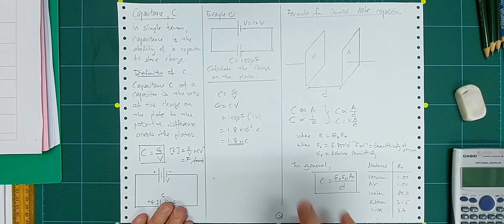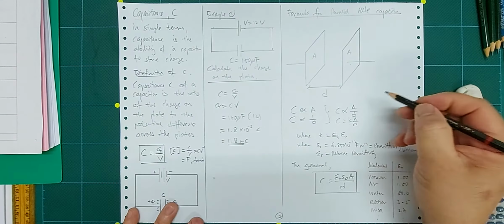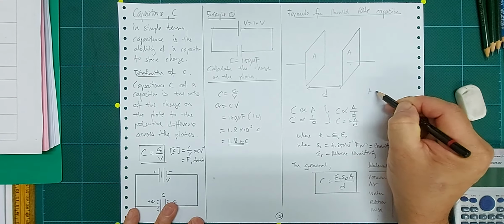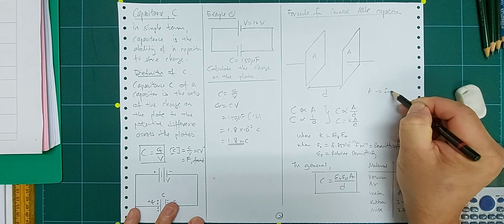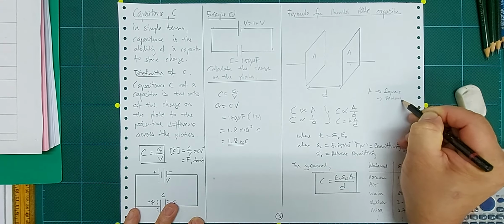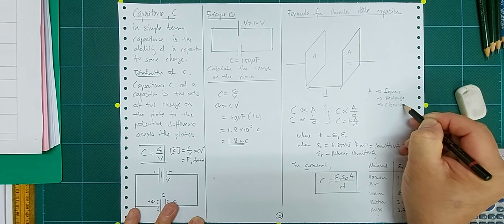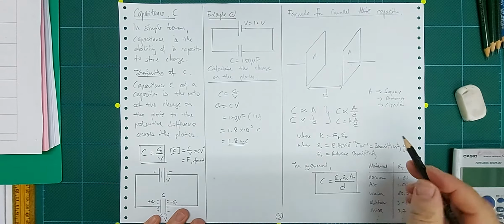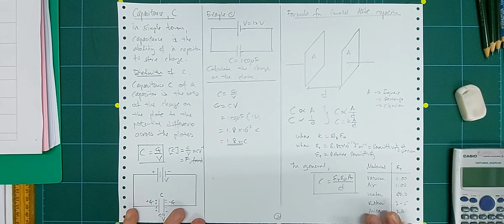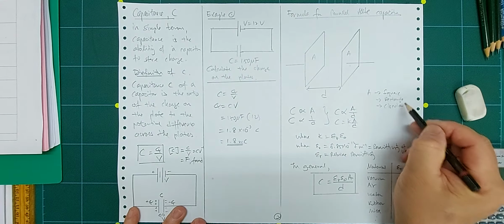So we have the formula now, but the plate area A can be square, it can be rectangle, it can be a circular shape. Any shape that you already know the formula to calculate the surface area, but normally it is square, rectangle or circle.